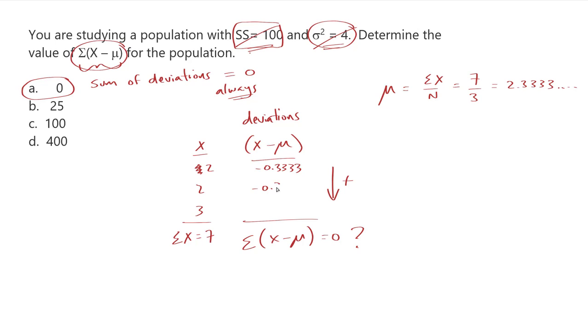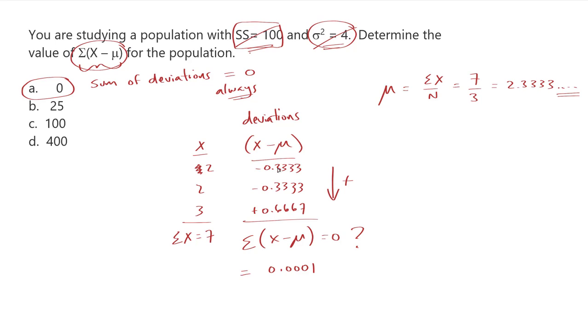So will this one. And for this one, 3 minus 2.3333 repeating is positive 0.6667. When you add these up, you'll end up getting 0.0001. Now that's not equal to 0, but you can see that I was rounding off.